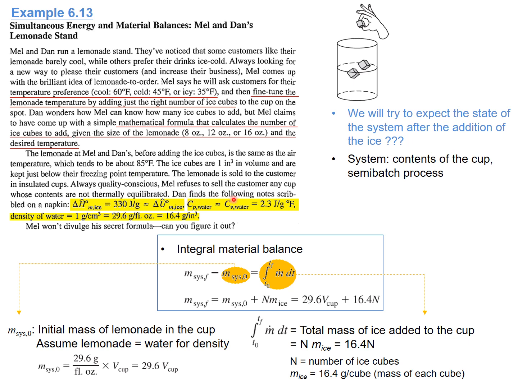Then find the following notes scribbled on a napkin. The standard enthalpy of melting of ice is 330 joule per gram, which approximates the internal energy term.